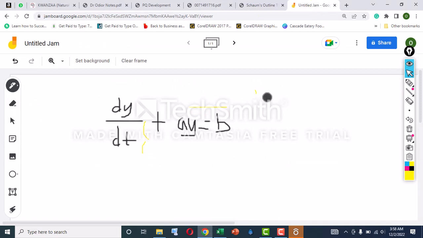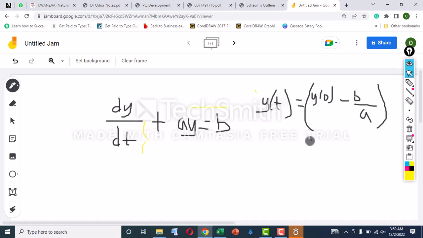Just as a reminder, in differential equations our general solution formula is given as this: y(t) equals (y0 minus b over a) times e raised to power minus at, plus b over a.